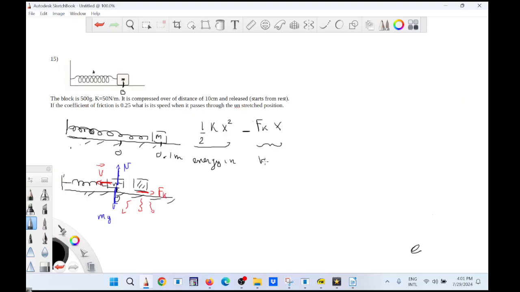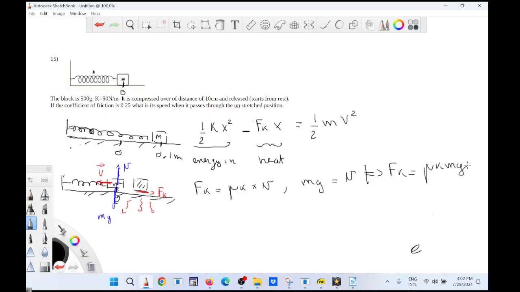So whatever is left at the end is going to go to kinetic energy. As a second equation, the kinetic friction equals the coefficient times the normal force. And as a third equation, mg equals the normal force. So those two equations give us that the kinetic friction equals uk times mg.